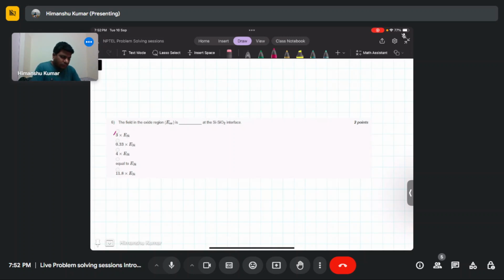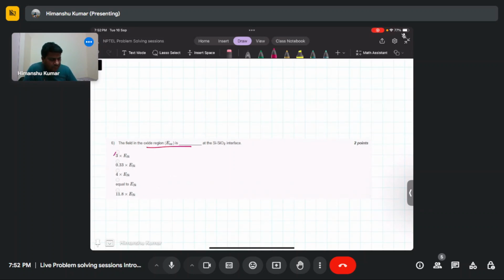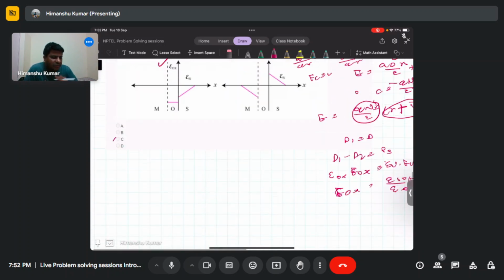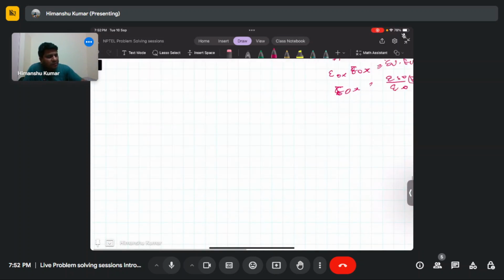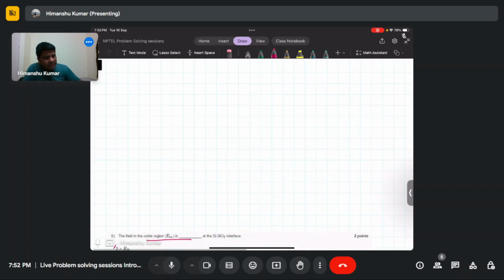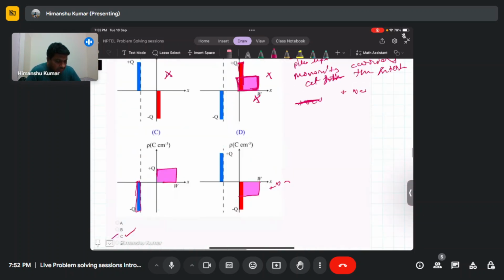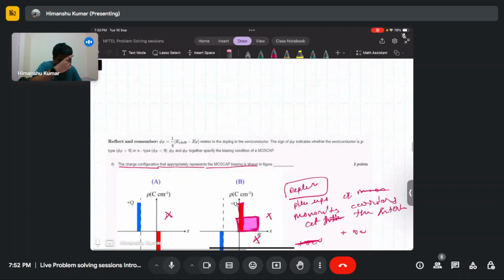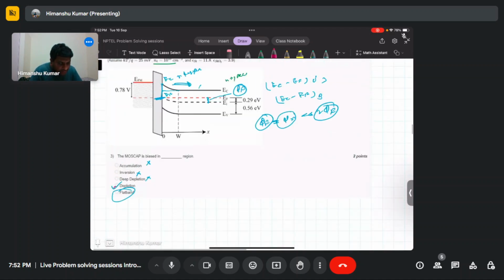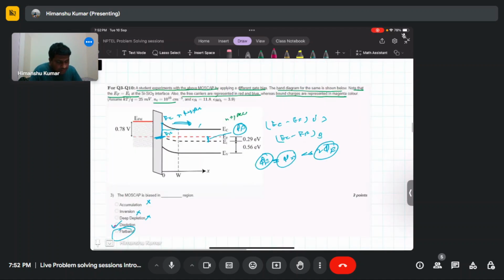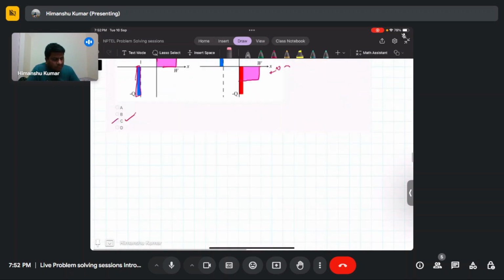So the question is the field in the oxide region compared to the field in the silicon.